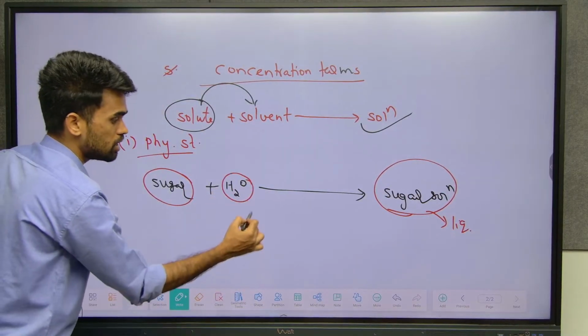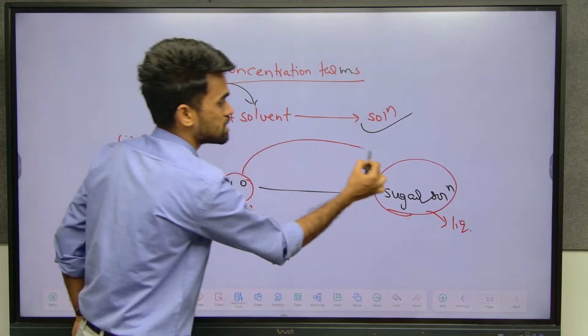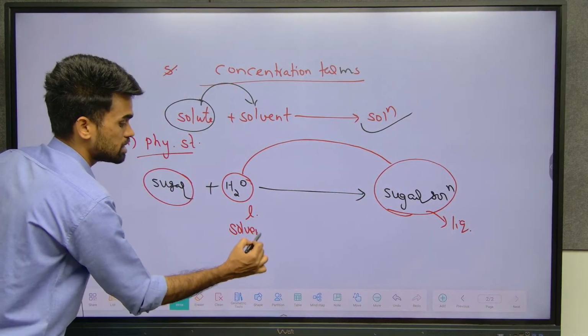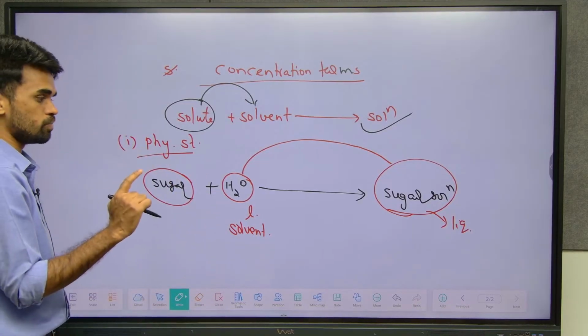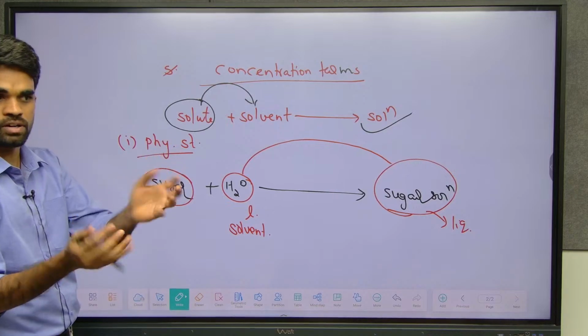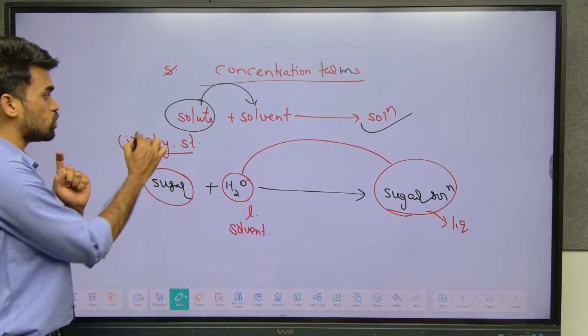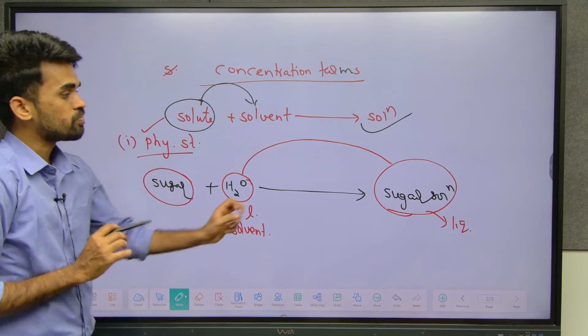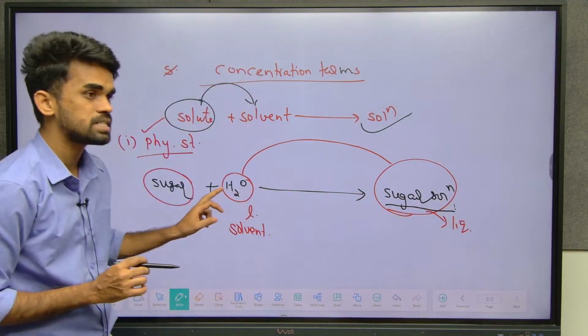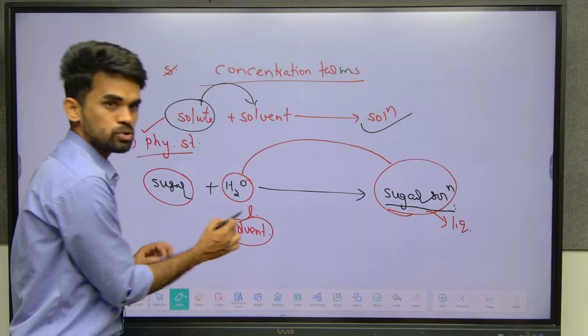Water is liquid. So the one which has the same physical state as our solution is considered to be the solvent. This is the first factor you need to know. Don't always say that the one which is the major quantity is the solvent. First factor is physical state. The one which has the same physical state as our solution is the solvent. Is this clear up to here, everyone?